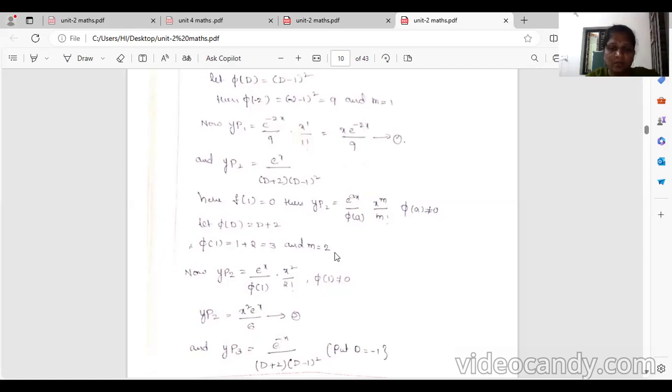That is m. So e^x over phi(1) = 3, and x^m with m = 2 gives x²/2 factorial.